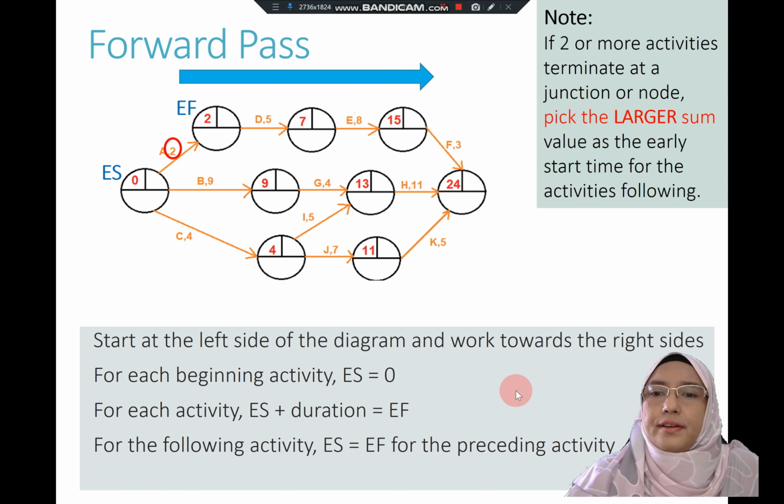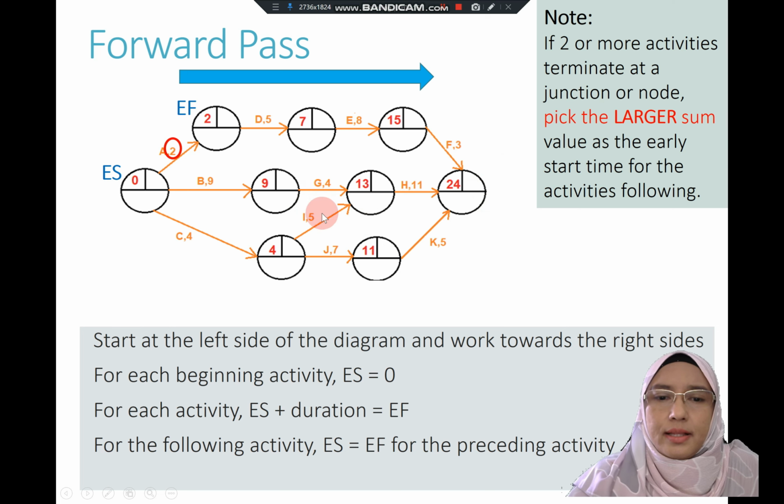If there are more activities that terminate at a junction or node, for example, this node where activity G and activity I terminate at one node, then you need to pick the larger sum.